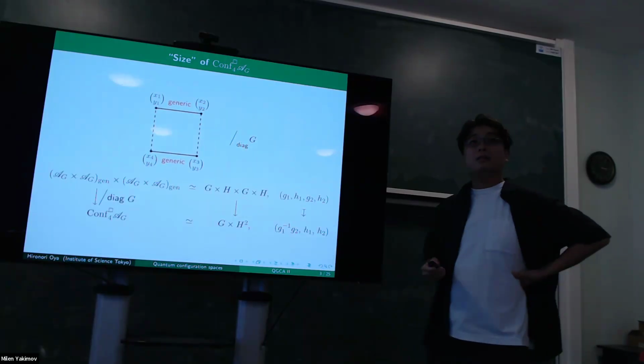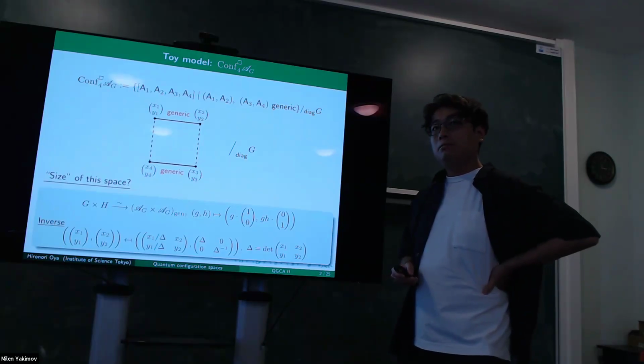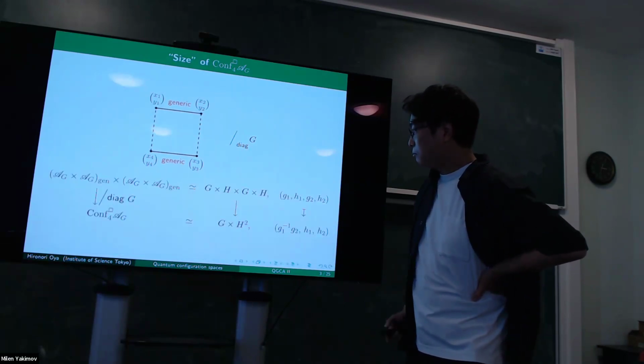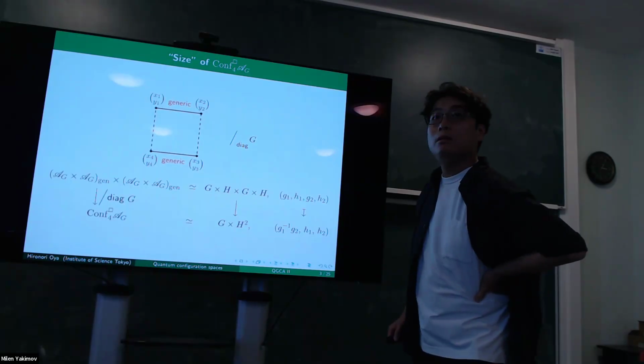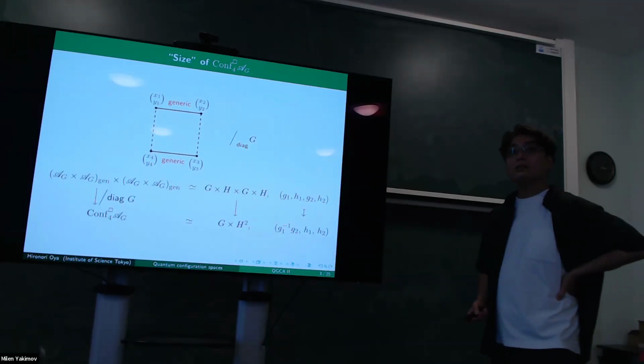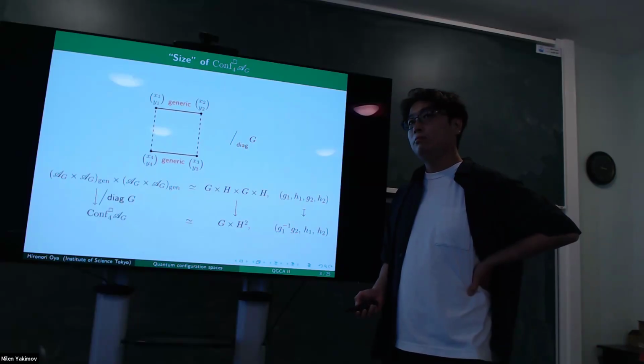Is it just 2 elements of GL2? Generic means an element of GL2 and another one? Yes. And no conditions across. Yes. So X1 would go to some element of GL2, X2 to some element of GL2, similarly for X3, X4.